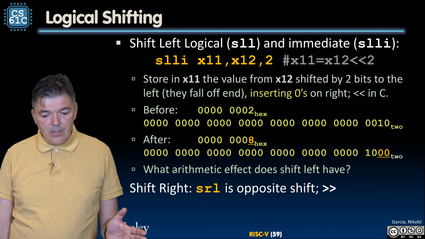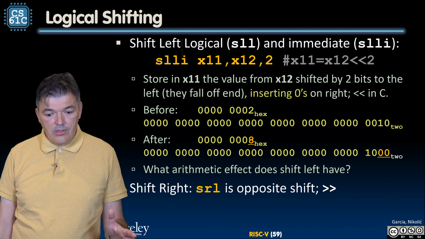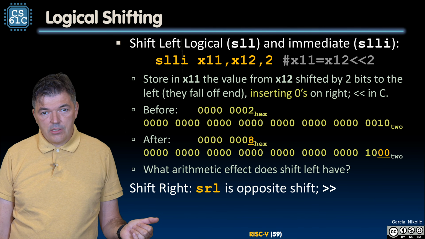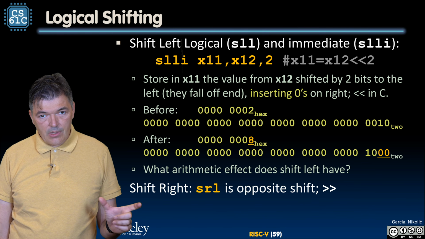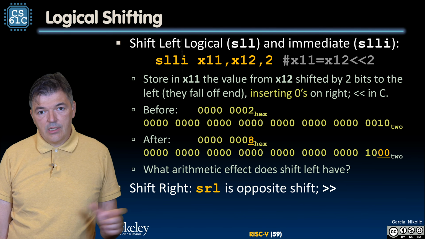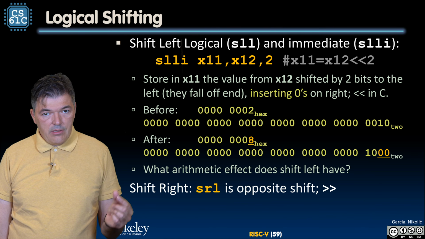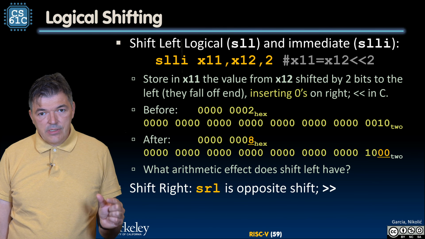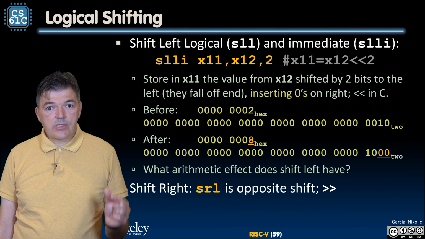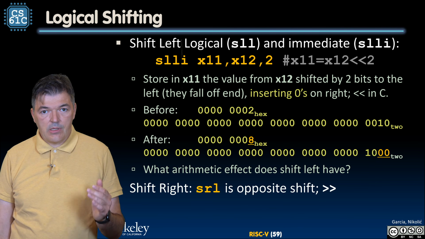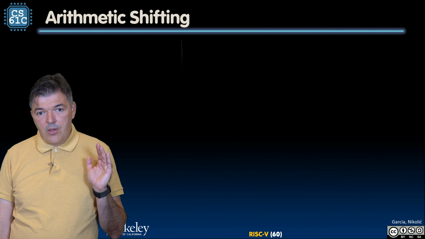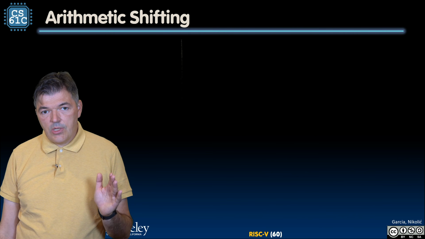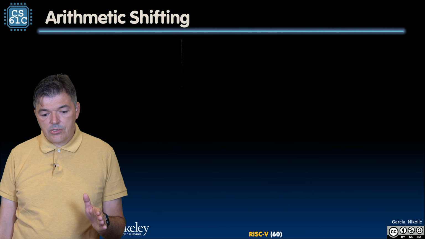Now, shift right logical does the opposite. It shifts the word to the right by a given amount and fills the most significant bit positions with zeros. So that's a logical shift. When we are working with signed numbers, we generally perform the arithmetic shifting.